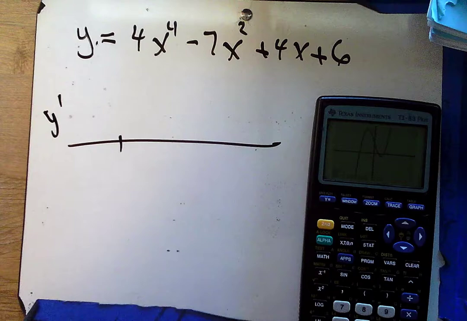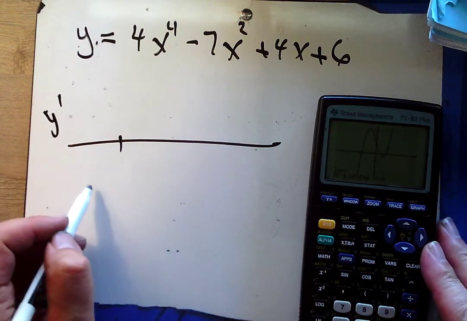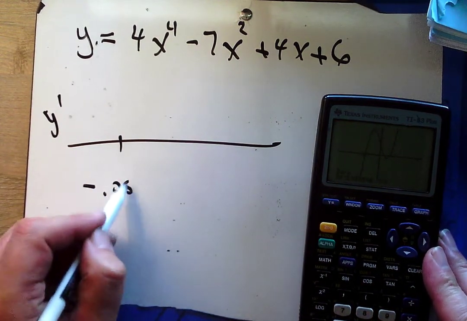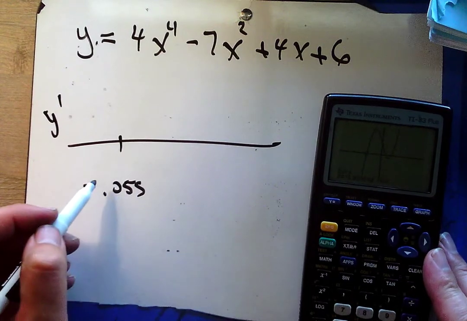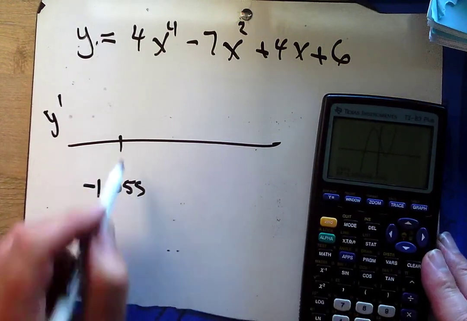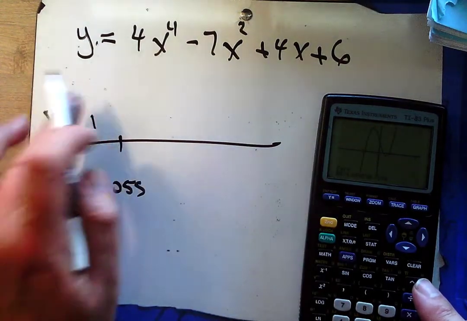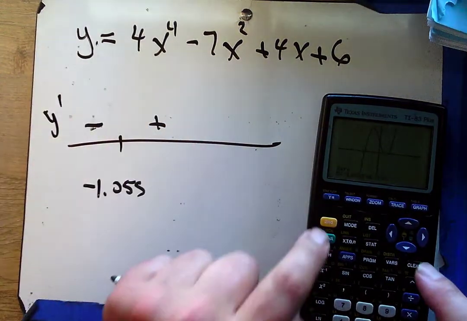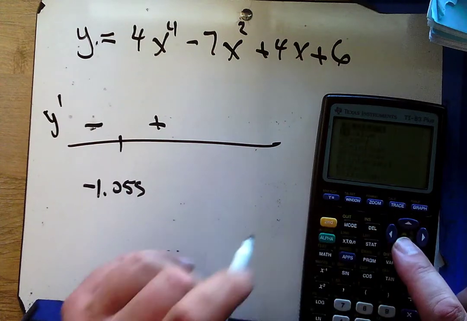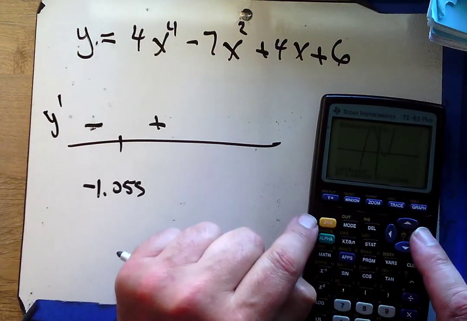And I get negative 1.055. Oops, there's a 1 there. Okay, there's my first critical point, and I see y prime is negative, and then y prime is positive. So negative, positive. Second, calculate zero.